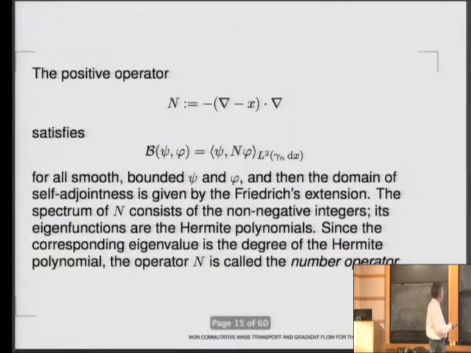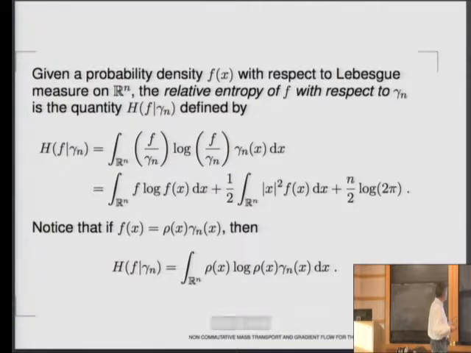And the operator associated to that quadratic form is the number operator. The eigenfunctions are Hermite polynomials, and the eigenvalues are just the integers. So that's simple. Those go by pretty quickly, but this is familiar stuff.